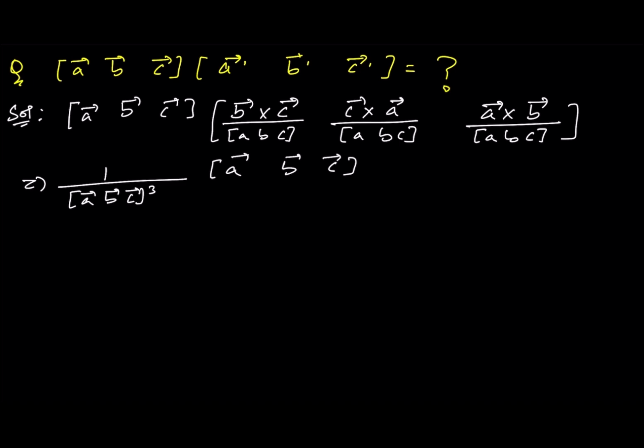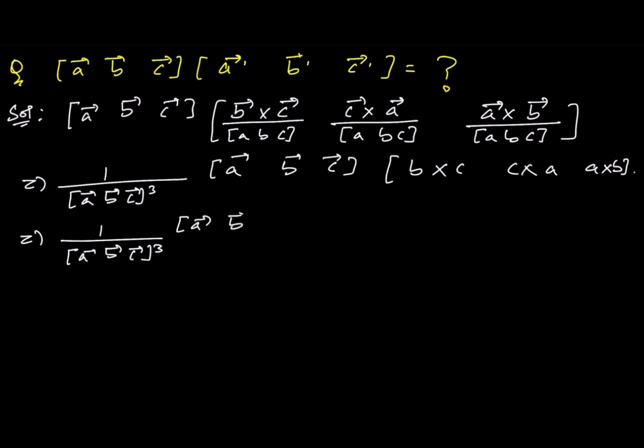And the second box is B cross C, C cross A and A cross B. Again using the property, or you can say trick, this second box will become box ABC whole square.